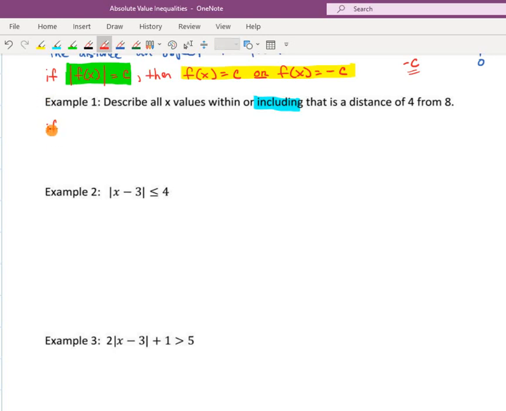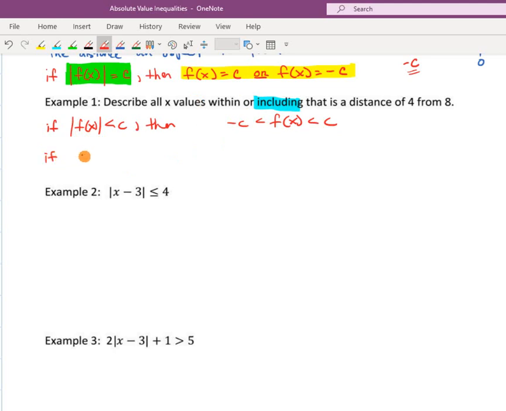So our two rules say if the absolute value of some expression, some function, is less than c, then we get negative c is less than f of x is less than c.